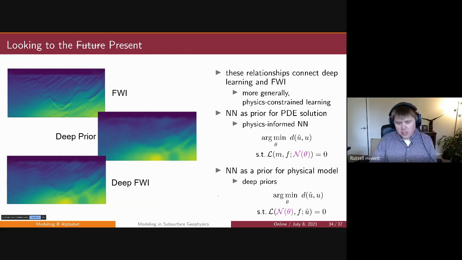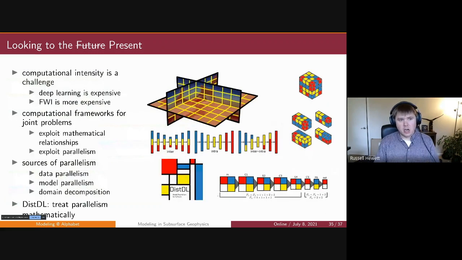But this is inordinately computationally expensive, which led to a lot of what my current research is on, which is how to put an expensive tool like deep learning together with an even more expensive tool like full waveform inversion. You can exploit the fact that the computational frameworks can be the same for both problems. And then to do that, you have to exploit parallelism. FWI, wave equations, PDEs are very naturally model parallel in a domain decomposed environment.